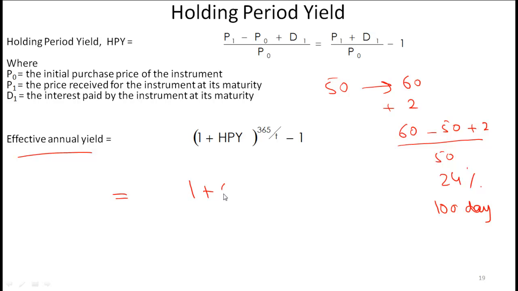So that becomes 1 plus 0.24 raised to the power of 365 divided by 100, minus 1. So when we do this calculation, it will tell us what the effective annual yield is for this investment.